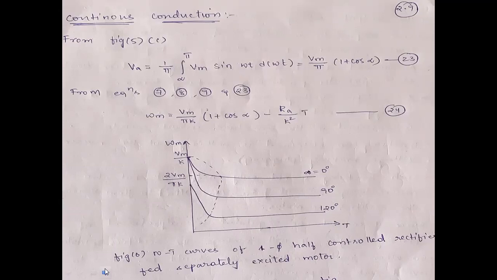From equations 7, 8, 9 and 23, the speed torque characteristics exist. They are represented as dotted lines and give the boundary between critical and non-critical. These are the speed torque characteristic curves of a single phase half controlled rectifier fed separately excited motor.